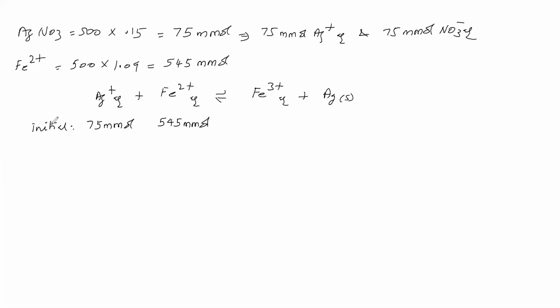Why do we have to see how much is going for reaction? Because they are asking us to find the equilibrium constant for this reaction. If we want Kc, we want the equilibrium concentrations of these ions. So we have to see how much is reacting, and whether any clue is given or not.